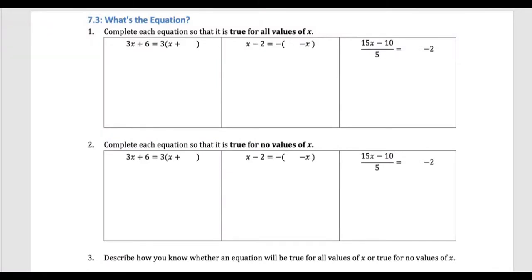Okay, the next page. Part 1, complete each equation so that it is true for all values. So you'll hear this called many solutions. Infinite solutions is another way you might hear that.